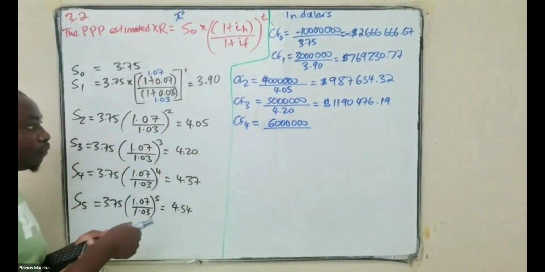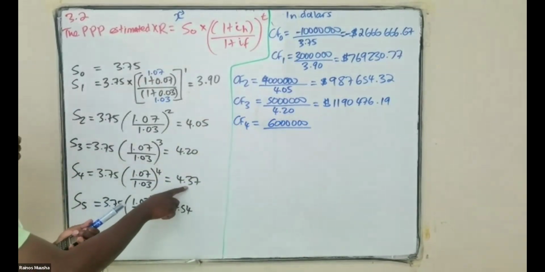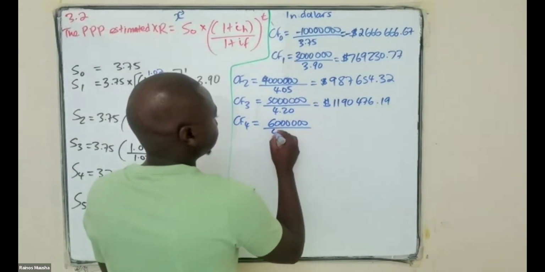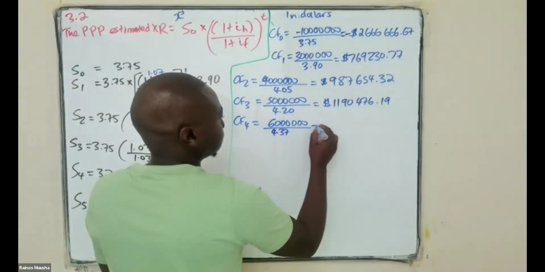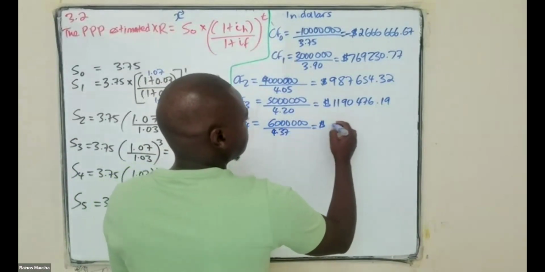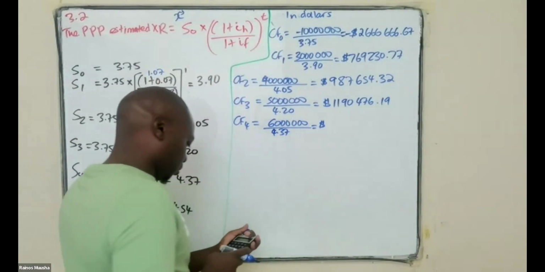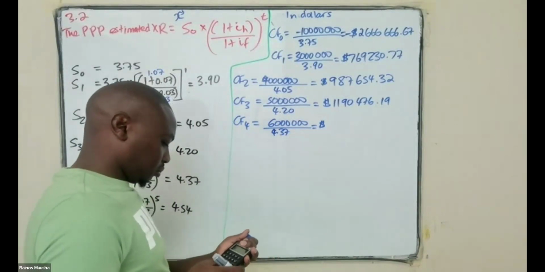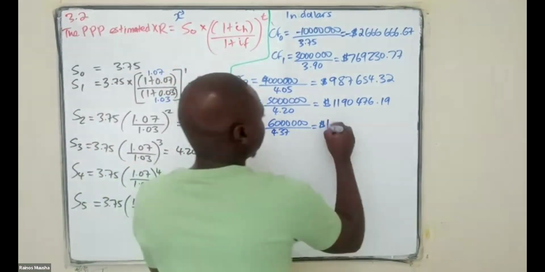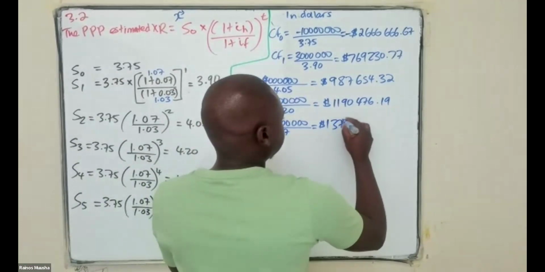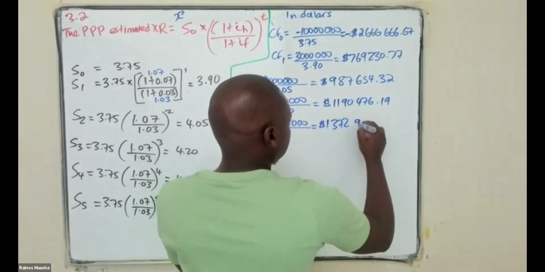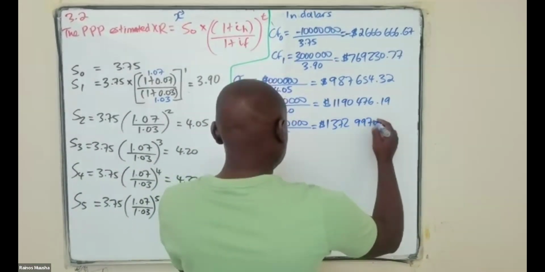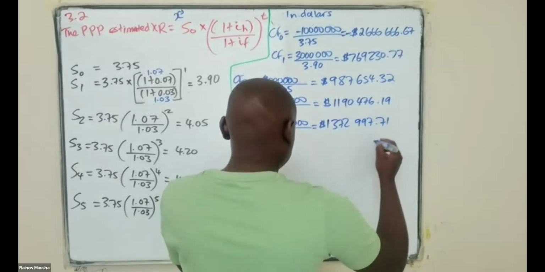And for year 4, your exchange rate is 4.37, and you get 1,372,997.71.